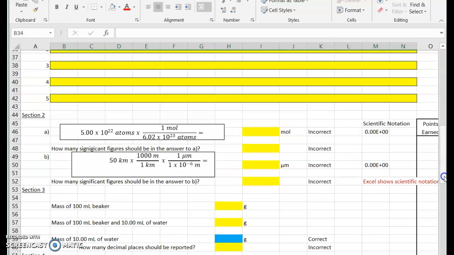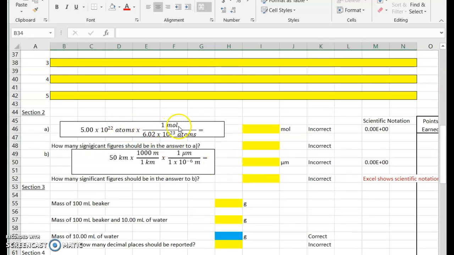In section 2, you are going to be answering these mathematical equations and placing your answer in the provided box. You will see if you correctly add your answer, it will change from incorrect to correct.